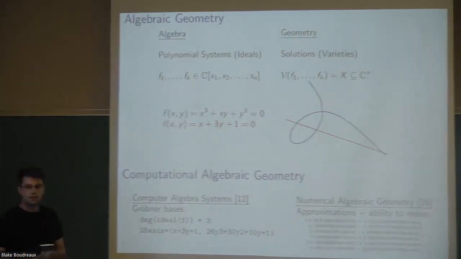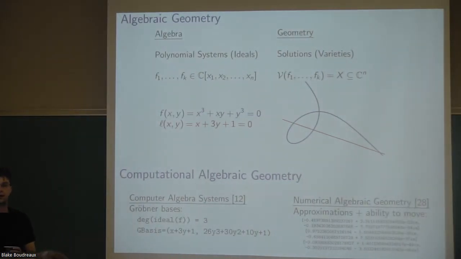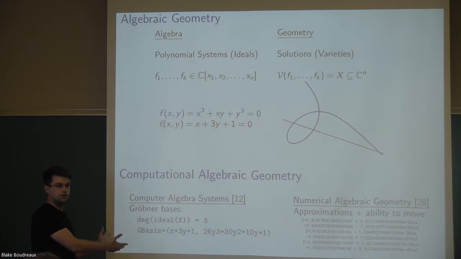So one way to study these varieties or these polynomial systems is using a computer, in which case you're in the world of computational algebraic geometry. So for example, if I was a computational algebraic geometer and I wanted to study the common zeros of f and L right here, I could do this in two different ways primarily, either exactly, focusing on the polynomial side.